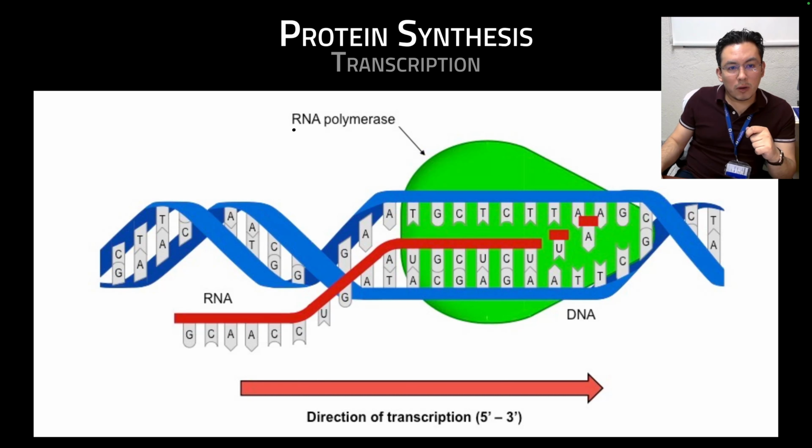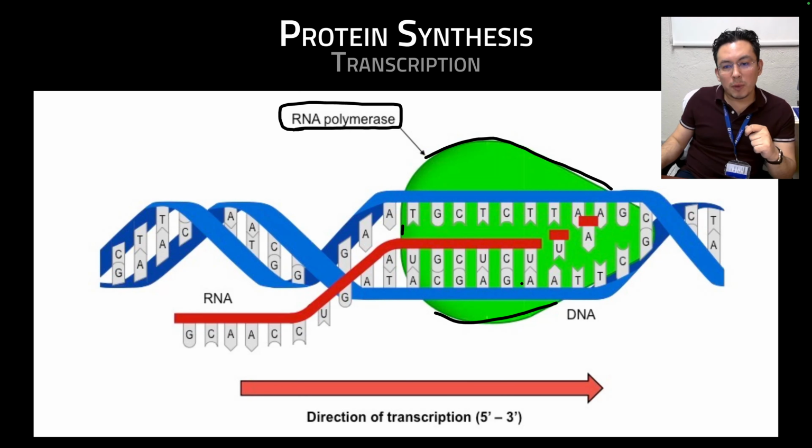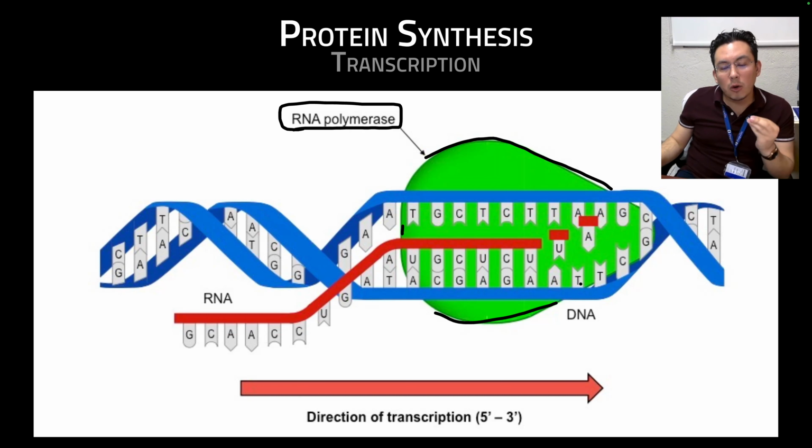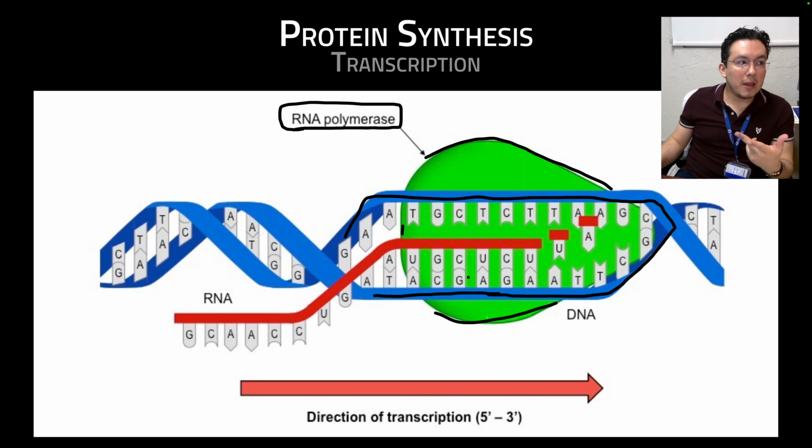And you may recall that this enzyme, RNA polymerase, represented by the green thing that you see here in the background, is the enzyme responsible for attaching complementary nucleotides, according to the original DNA strand that was unzipped and unwound at this stage, so we could use it as a reference to make the new strand.